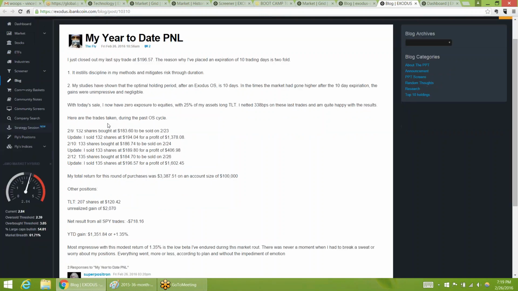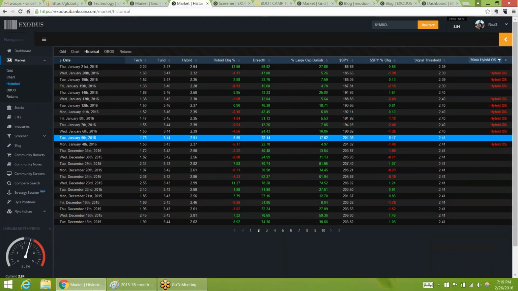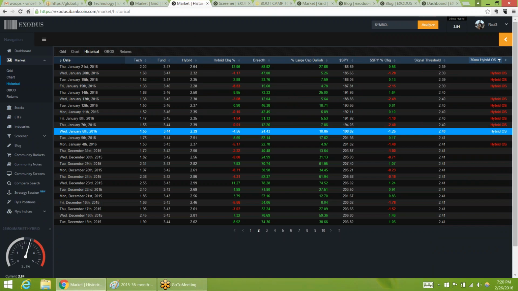And you can see that he's positive year-to-date, 1.35%, despite this learning period. And what really helps this algo to not get caught into a serious drawdown is that the risk is mitigated by the time stop, the 10 trading days. So win, loss, or draw, when 10 trading days are up, you're booking the position.